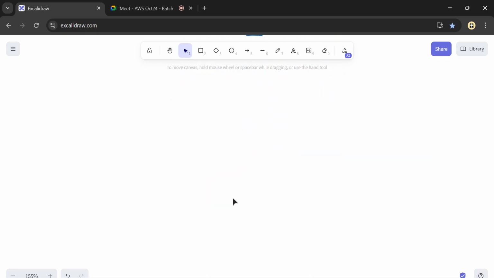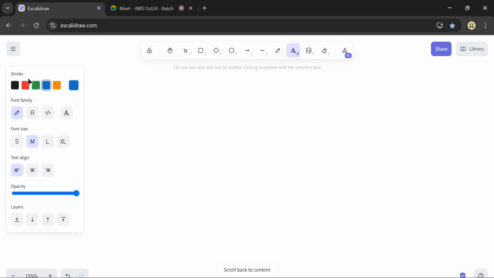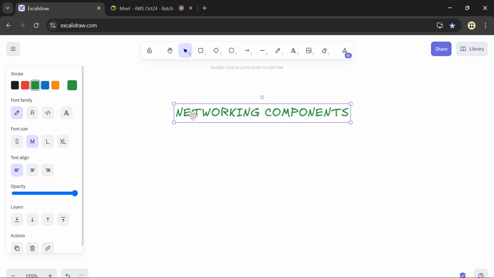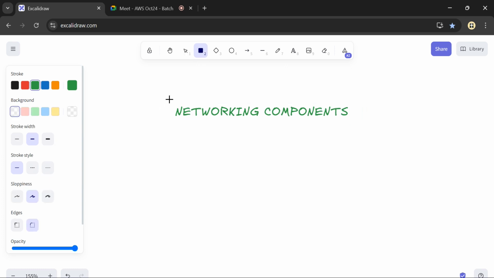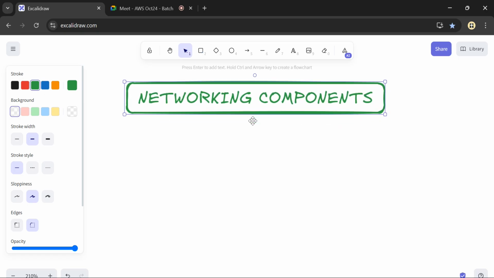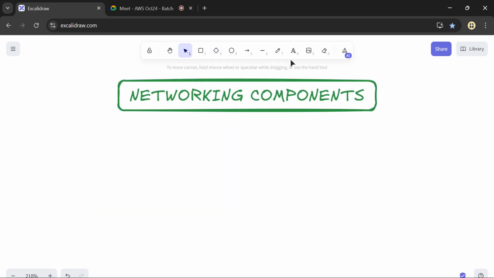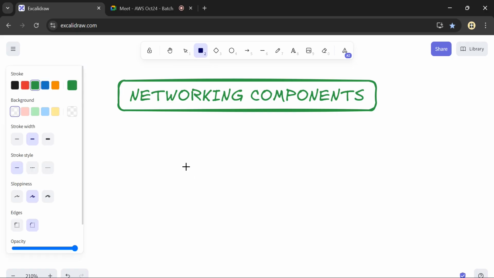Now in networking there are some important components that we should be aware of. Although this is not something that will be asked in an interview, this is just for our information. What are the important networking components that we should be aware of before moving ahead with the other concepts of networking? So, let's say this is my machine, or let's say this is my laptop.